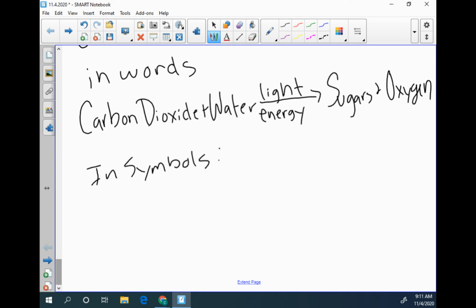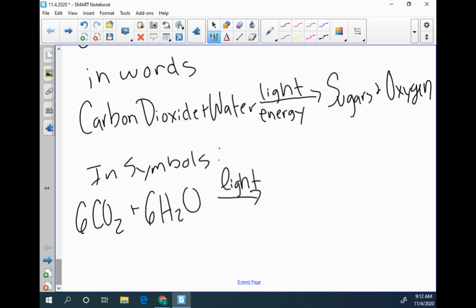In symbols, we've got 6 CO2, or 6 molecules of carbon dioxide, plus 6 H2O. So we've got 6 molecules of water. We're still going to have that arrow with light.